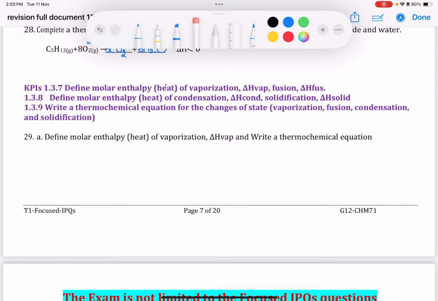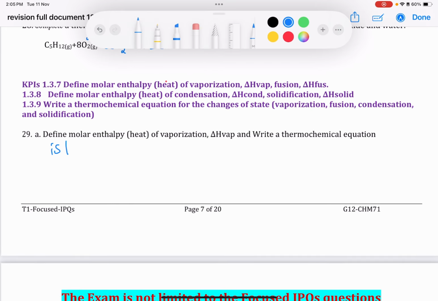Define the molar heat of vaporization and write a thermochemical equation. The molar heat of vaporization, the molar enthalpy of vaporization, is the amount of heat, of energy. Now, what is vaporization? Vaporization means you are going from liquid to gas.